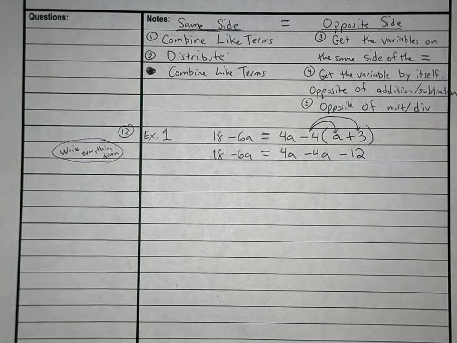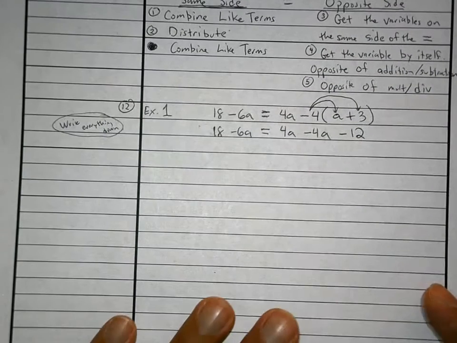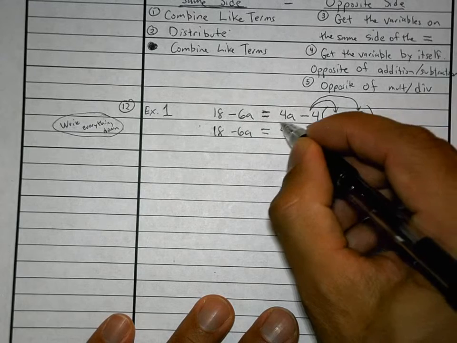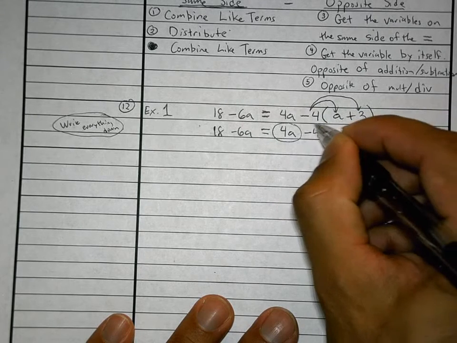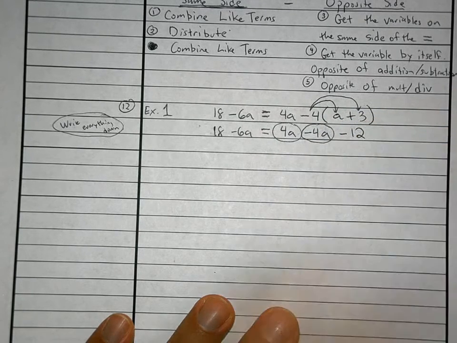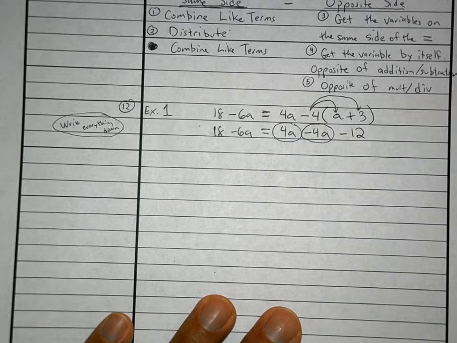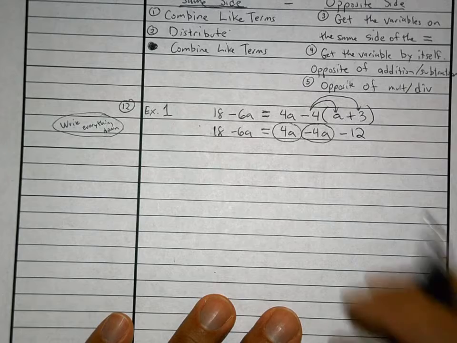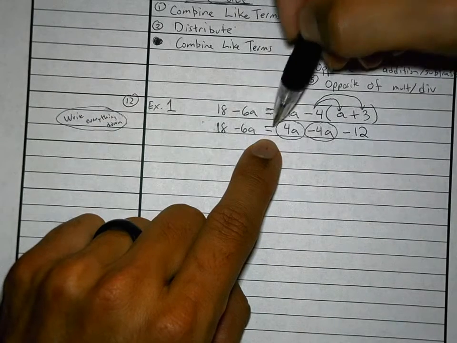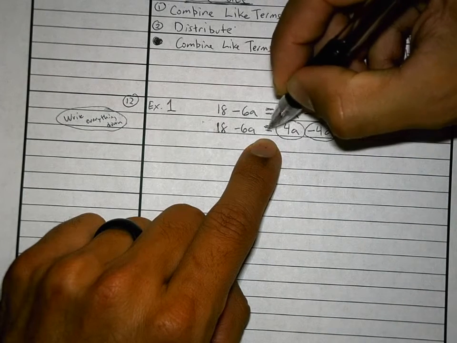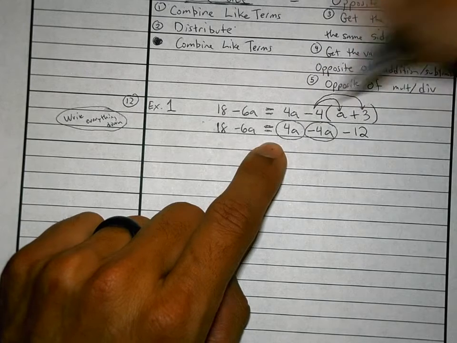Or what numbers and letters are our like terms? Okay, so I'm going to circle these 2 things. Are those 2 things on the same side or are they on opposite sides? Same side. And when I say that, we're looking at the equal sign. Here's the equal sign. They're on the same side.